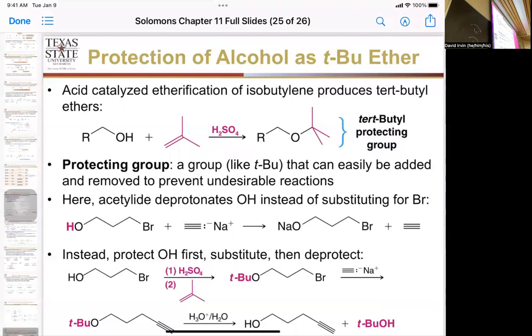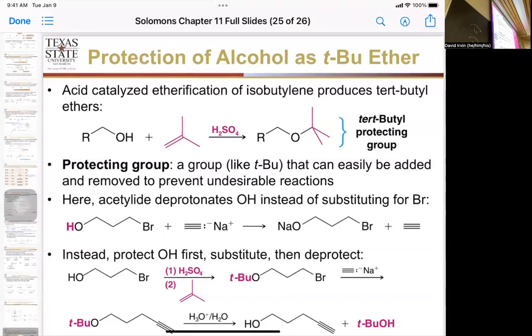And then the first thing that acetylide ion is going to do is react with the hydrogen here, because this is more acidic than the acetylide hydrogen was, and therefore it's going to deprotonate here and the reaction's going to stop. Okay, nothing's going to happen. In fact, what might happen is that this might just come over here and displace this and make a ring. That wouldn't do any good at all, right?